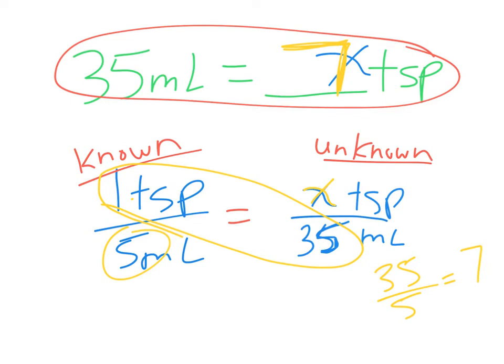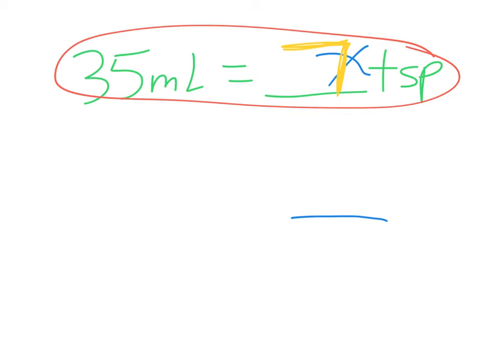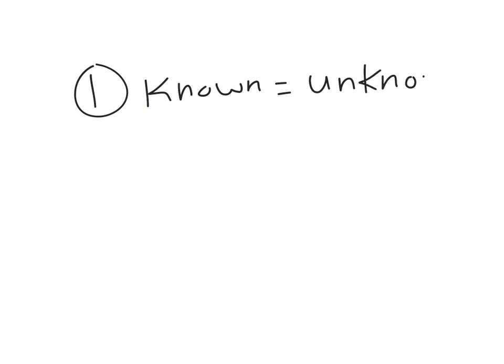So again, the rules for these proportions, when you're solving these measurements, these equivalents, are simply this. When you're setting up these proportions on your own, rule number 1 is that you want to make sure you have your known on one side, your unknown on the other. It does not matter which side, left or right, as long as you have them set equal to one another.